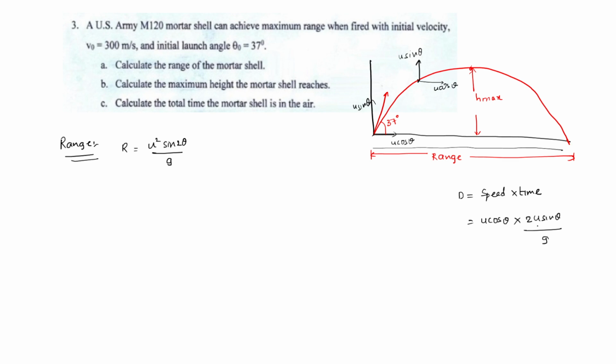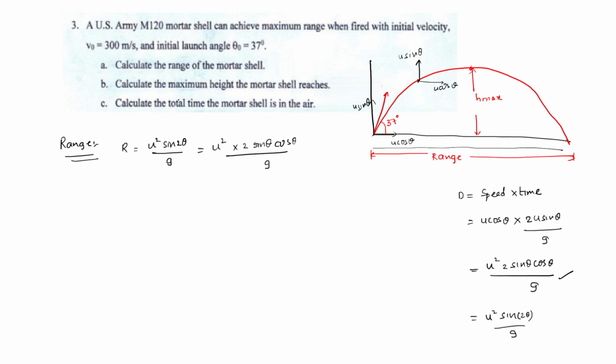So here if you observe carefully, you'll get u squared 2 sin theta cos theta by g. That can be written as u squared sin 2 theta by g. So range is equal to u squared into 2 sin theta cos theta by g.